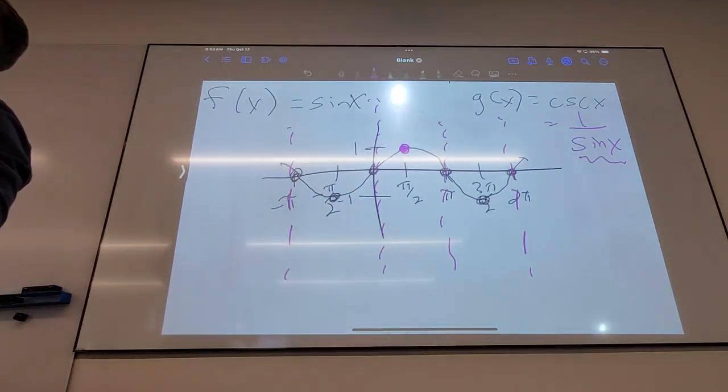2. So I really want this to make sense. 1 divided by anything between 0 and 1 flips and becomes bigger. So wherever there's a place that it's a 1/2 output, right here, there's like a 1/2 output, correct? Which means my cosecant is going to have an output of 2 there.